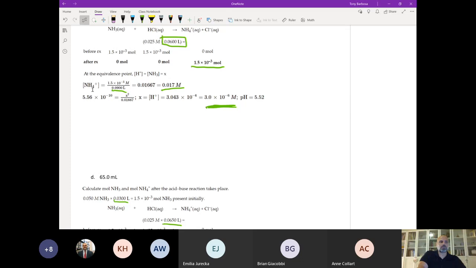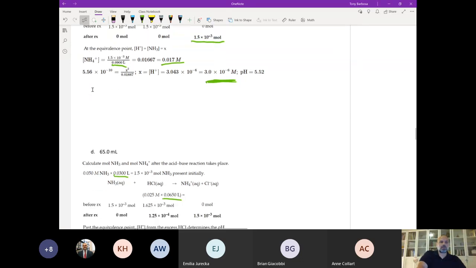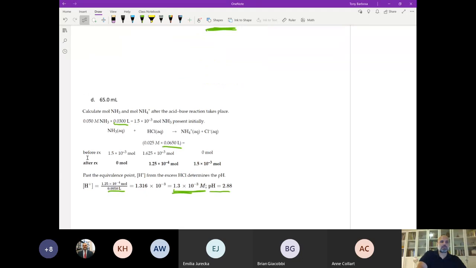All strong acids are basically the same. Because hydrochloric acid is a strong acid, it doesn't have a Ka, if we think about what the equation looks like. So think about what's going on in this reaction.